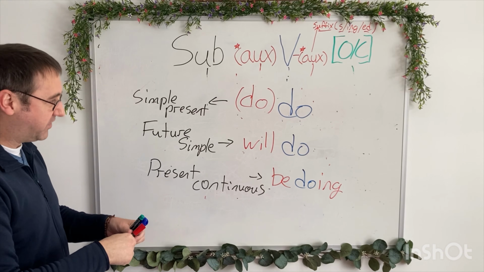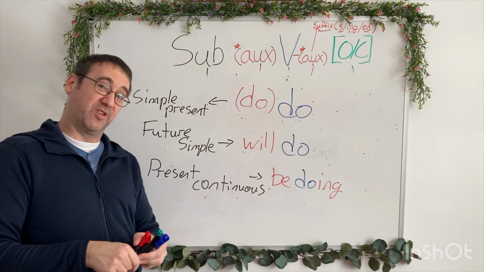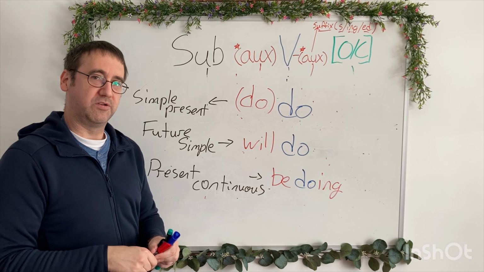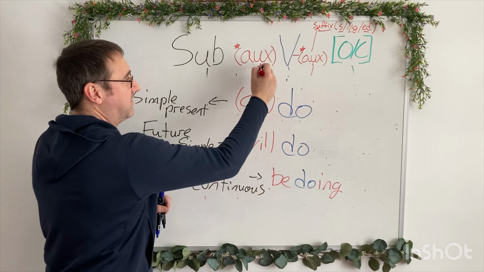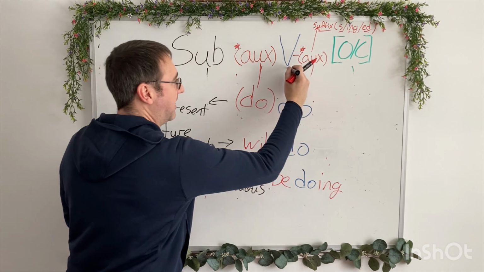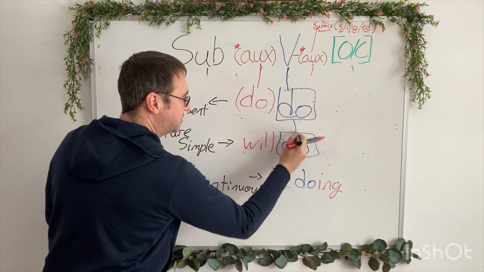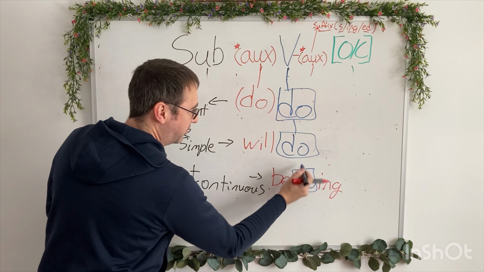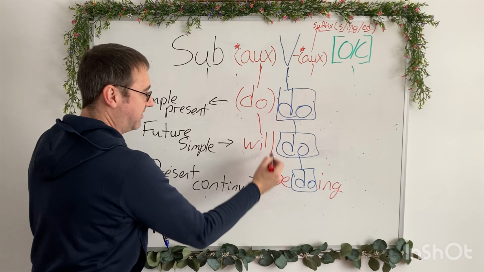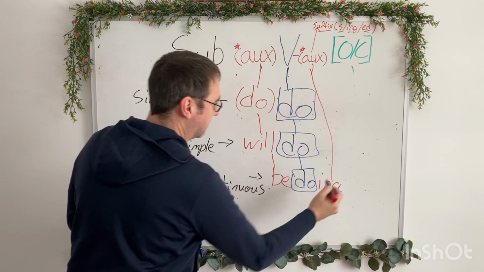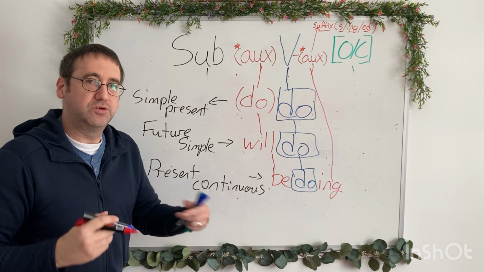So there's three good auxiliaries for you to use. This is your verb right here. Any verb in English you can put here, and then these are your auxiliary pieces.